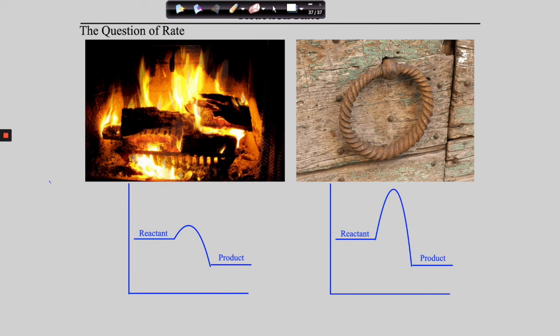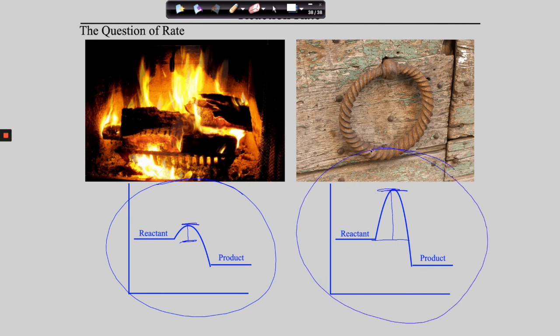Sorry, I drew that wrong, my fault. The activation energy for the reaction on the left is relatively low. The activation energy for the reaction on the right is much higher.